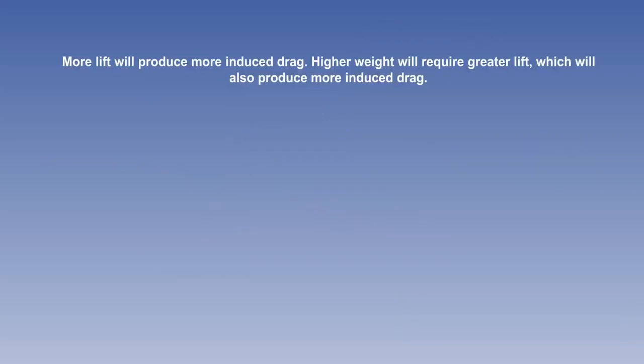There are three main factors which affect induced drag, two of which will vary during flight, namely lift and speed. Taking lift first, it can be assumed that, since induced drag is a component of the lift force, the greater the lift, the greater will be the induced drag. Lift for level flight will equal weight, so induced drag will depend on the weight of the aircraft, a heavier aircraft generating more induced drag.